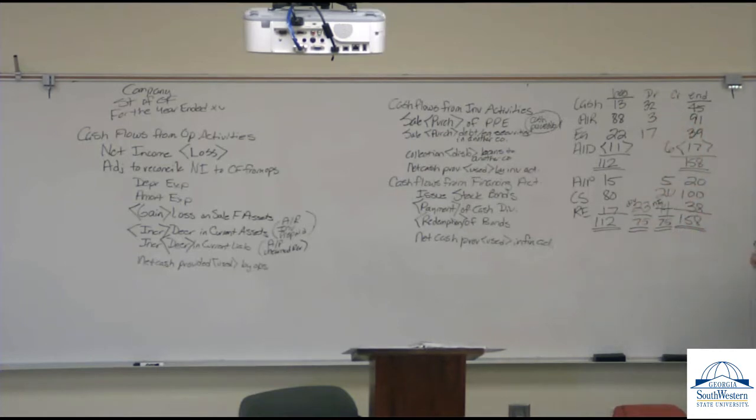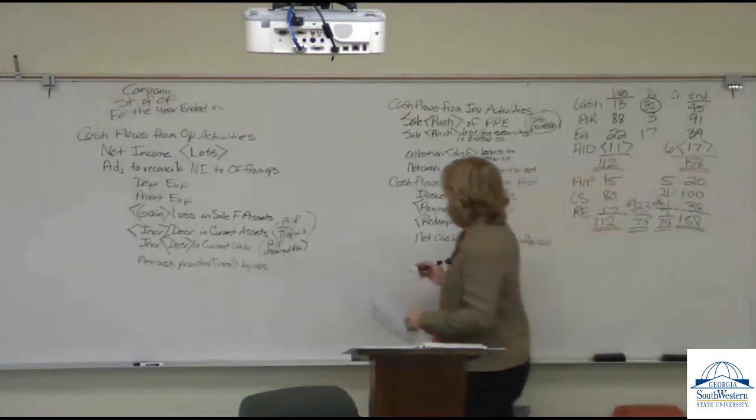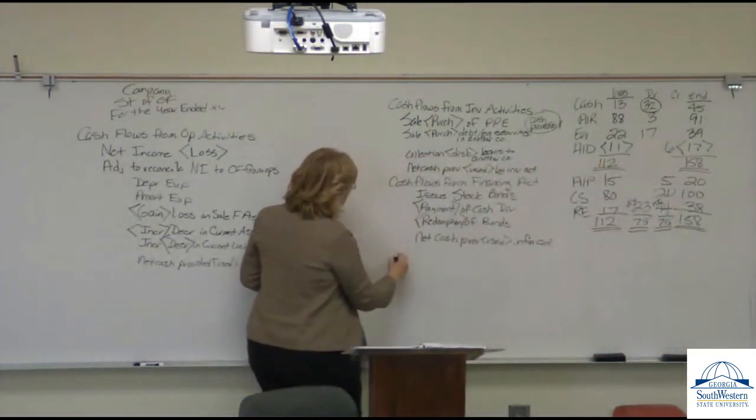Okay, so let me just say one more thing about the debits and credit columns here. This number, this 32, what number is that? The increase in cash? That number is our what? Our answer. That's the answer to the whole problem, this number, okay? Remember, this is the number that goes down here at the bottom. So we're going to do the bottom first.